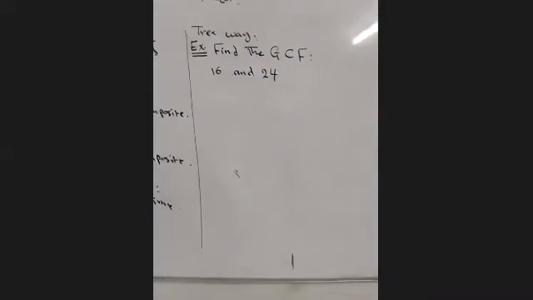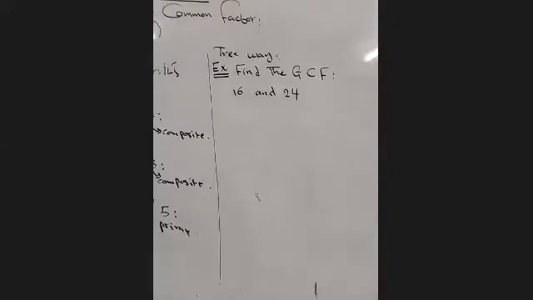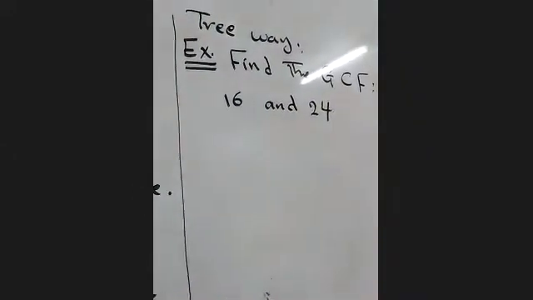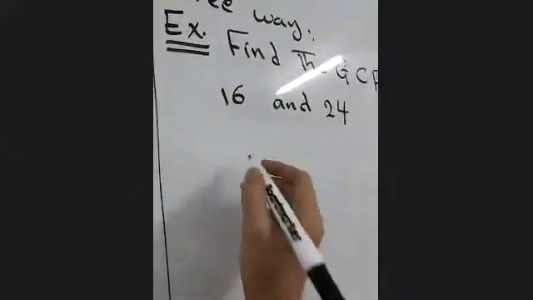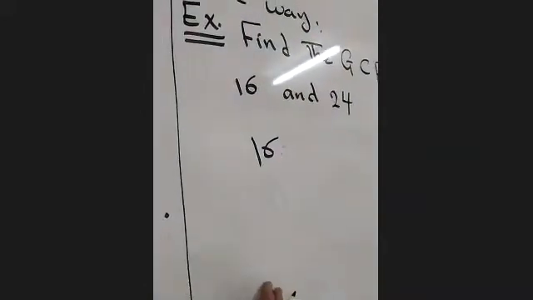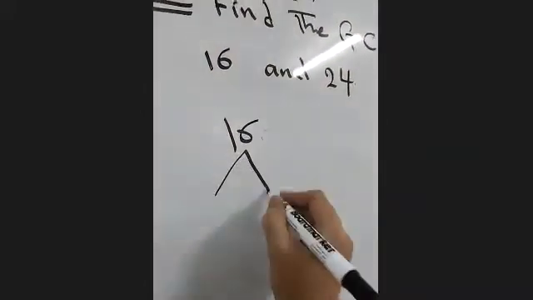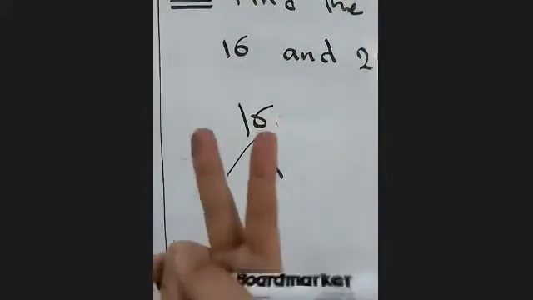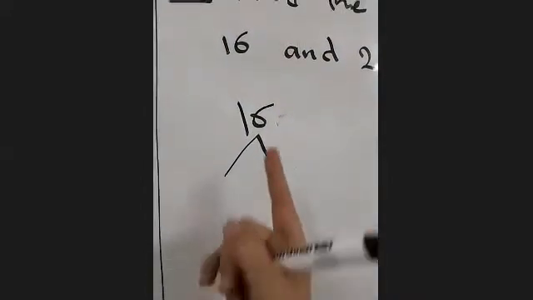Focus with me, guys. It's very important. Now, we will use a way we call the three-way. Now, how do we use it? Focus here. Let's take the 16 first. I will make two sides like this. Now, I will search for two numbers, if you multiply them, you get 16.